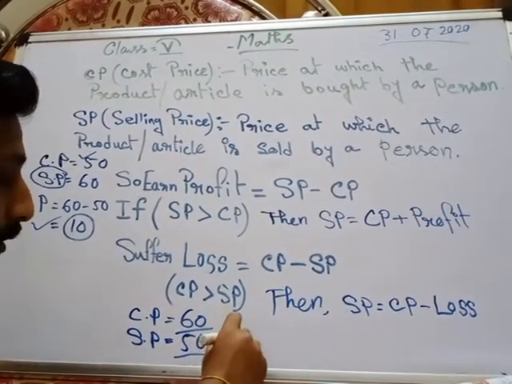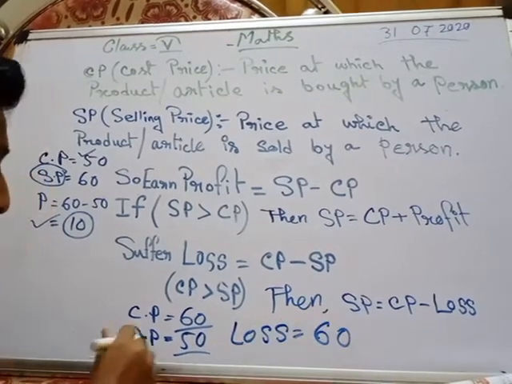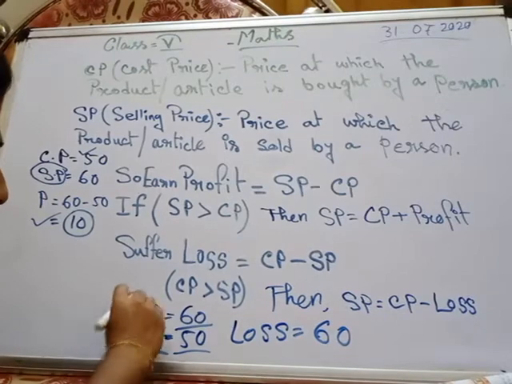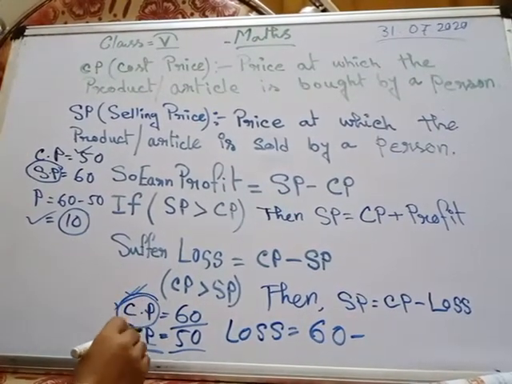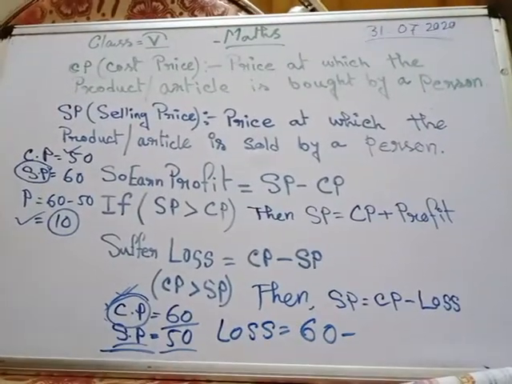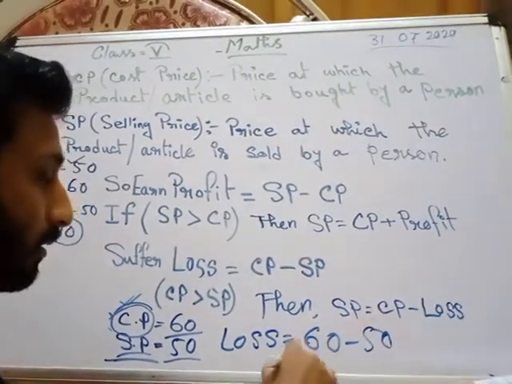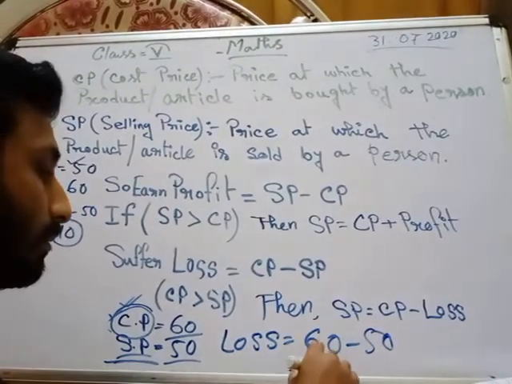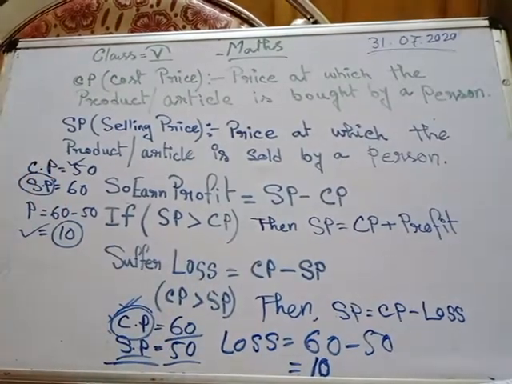How to find out the loss? You should subtract the selling price from the cost price. The cost price is greater than the selling price, so you suffer a loss of 10 rupees.